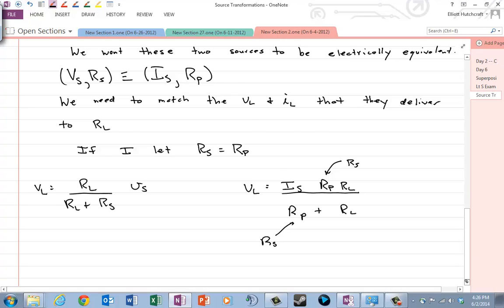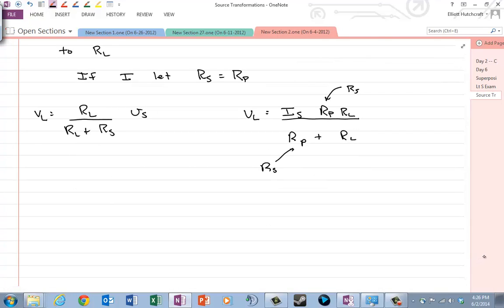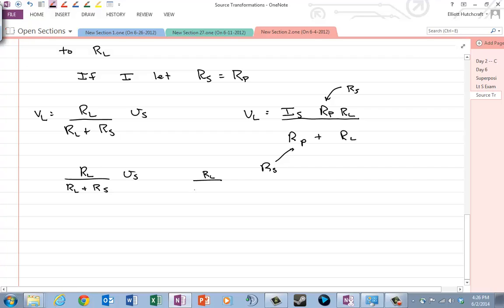So notice that if I do that, I'll have RL over RL plus RS times VS, and I'll have RL over RL plus RS, but then I'll be left in the numerator with IS RS, right?